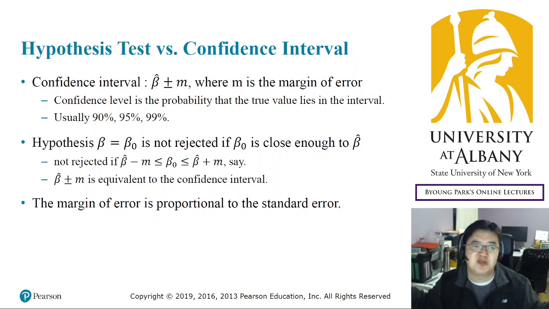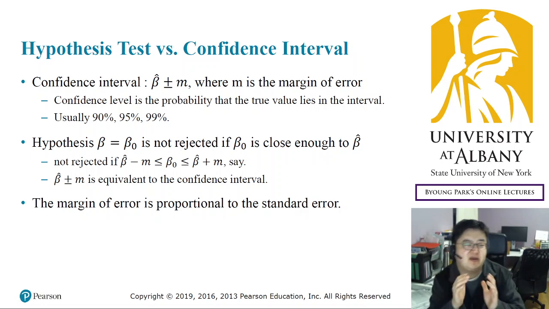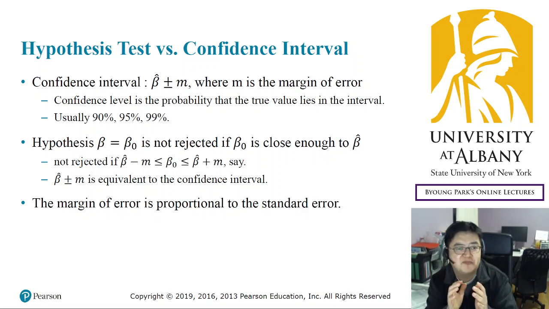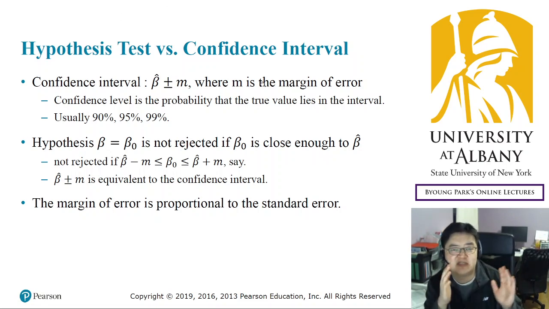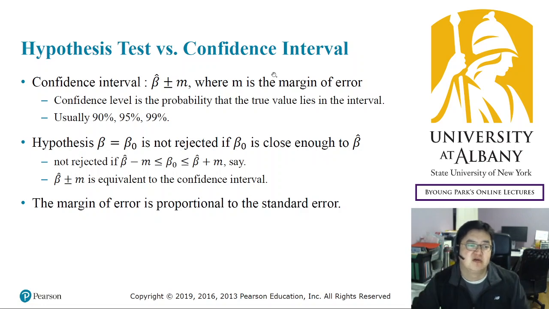There is no information in a large interval. So keeping the interval smaller is helpful to deliver more information. But at the same time, of course, you want to increase the confidence level, the probability of estimation accuracy, like how likely your estimation is to be correct.